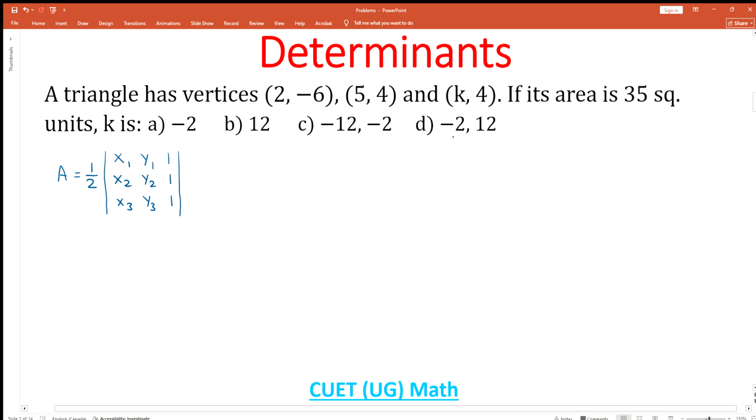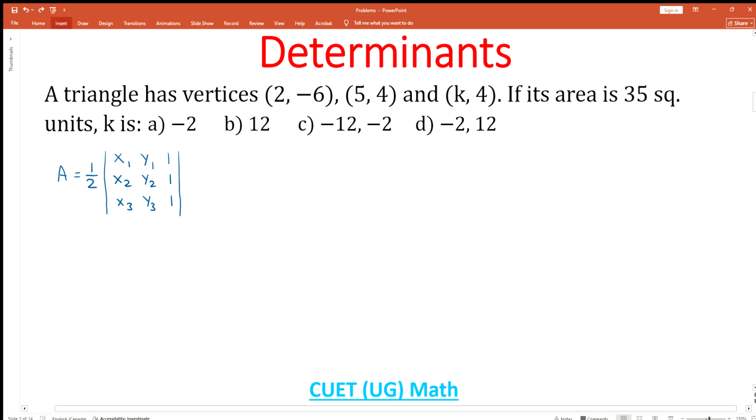In this formula, x1, y1, x2, y2, x3, y3 are the coordinates of the three vertices of the triangle. We use the absolute value of the determinant of this 3 by 3 matrix to calculate the area because area cannot be negative. So if we get a negative value for the determinant of this matrix, we ignore the negative sign to calculate the area of the triangle.